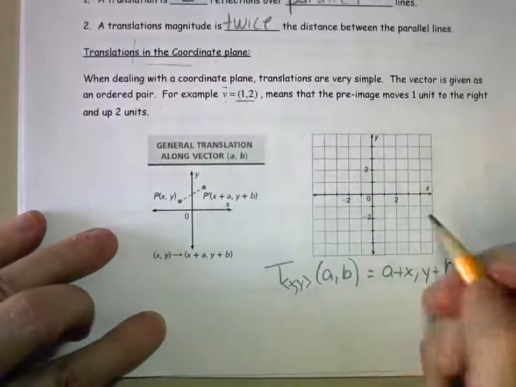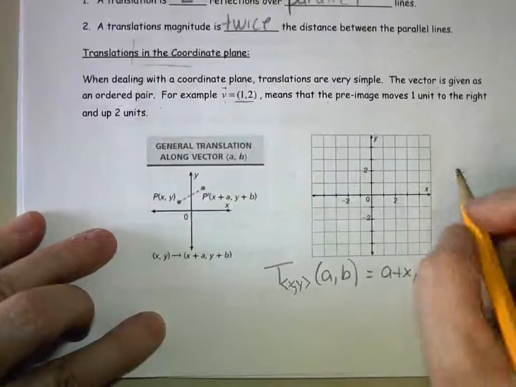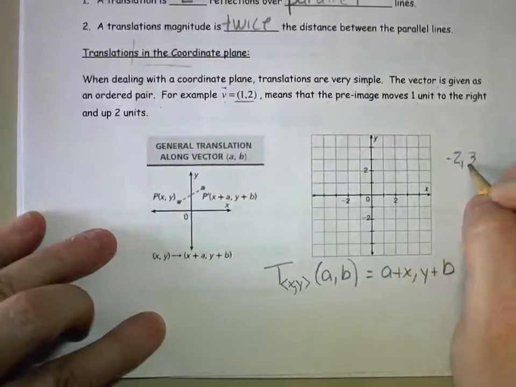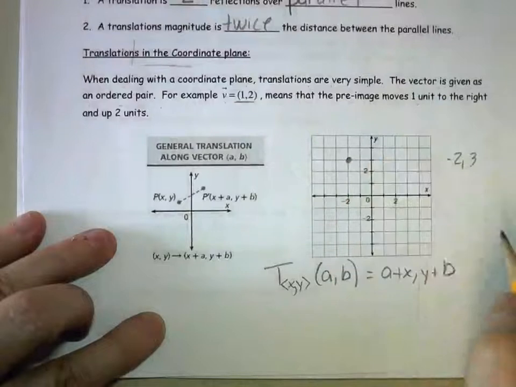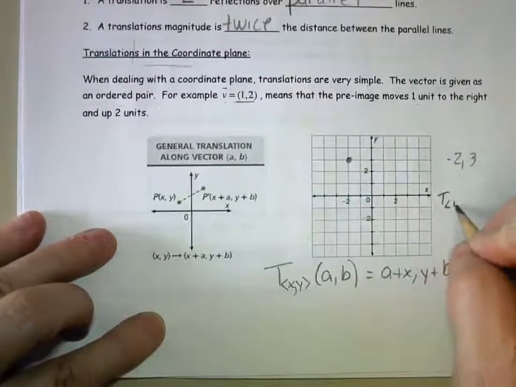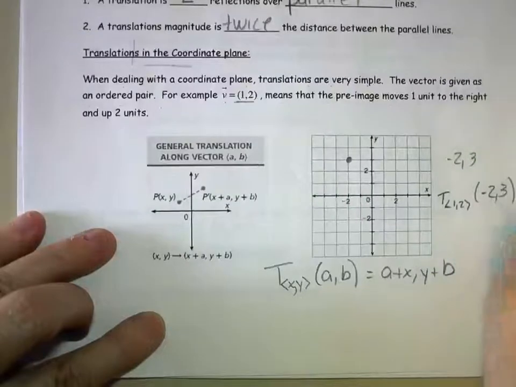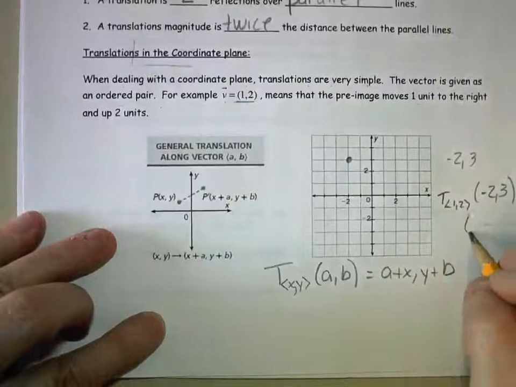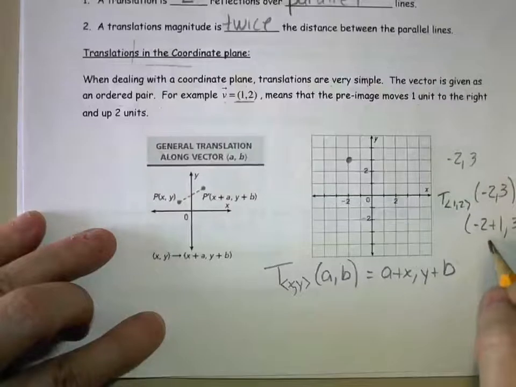So let's say we had the point -2, 3. So -2, 3 is right here. And you want to translate that along the vector 1, 2. So we start with -2, 3, translate it along the vector: -2 plus 1, 3 plus 2.